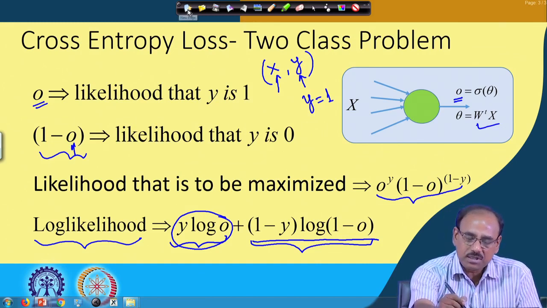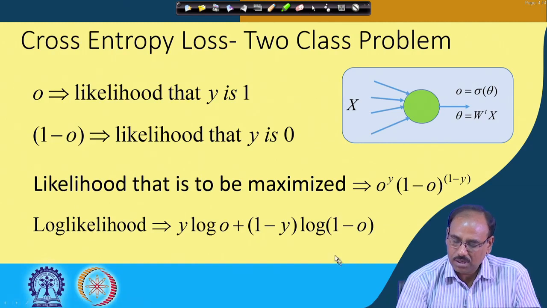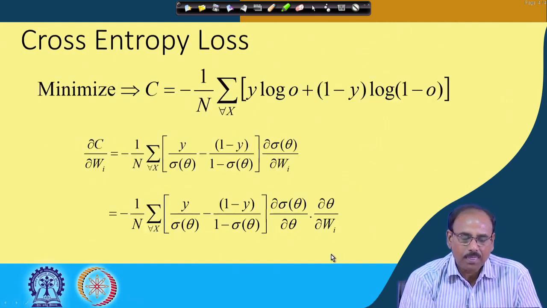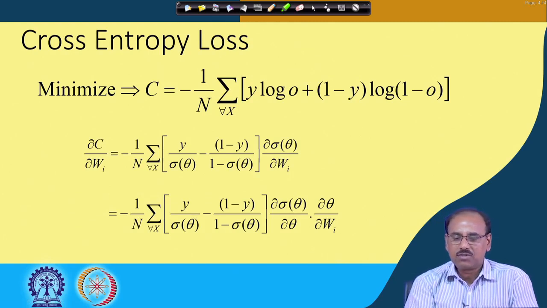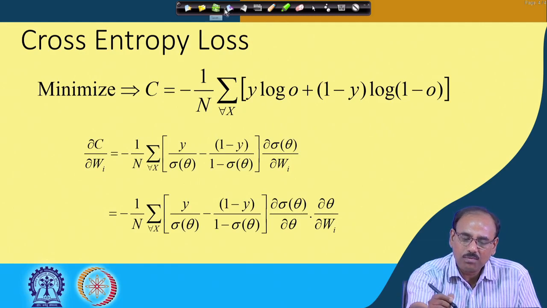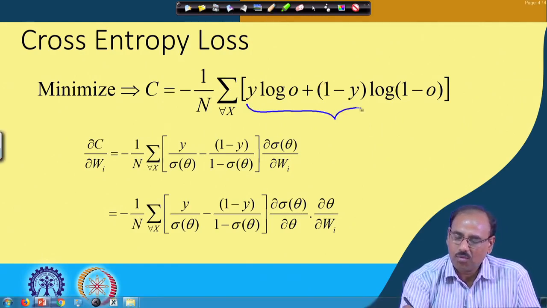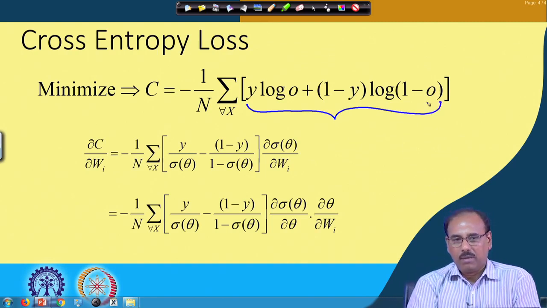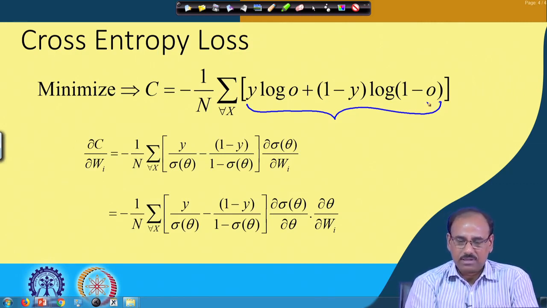So, once I have this log likelihood, from here I can define a cost function, which is minus y log O plus 1 minus y log 1 minus O. Take the sum of this over all the input feature vectors, and then take the average.